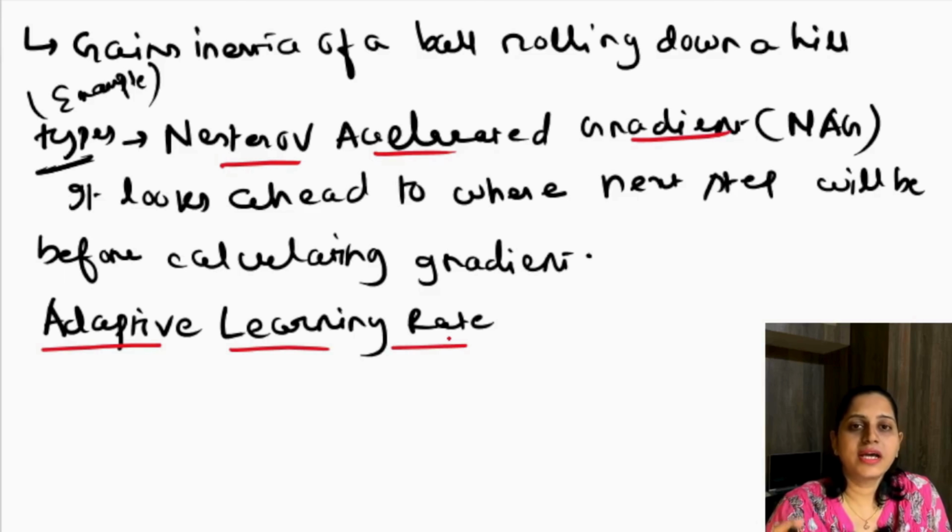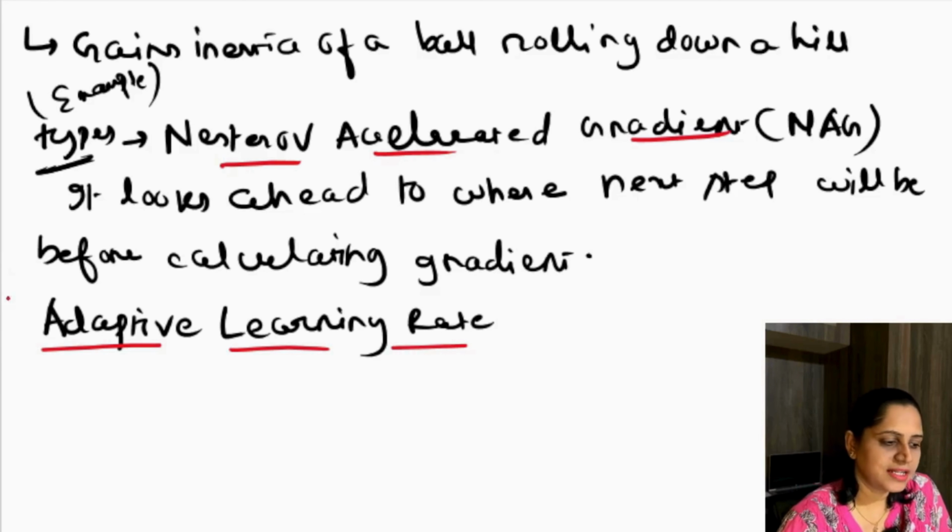If you are using a higher learning rate, it will take larger steps and overshoot the convergence. We do not want that. We want the learning rate to be dynamic, not static, and we are going to achieve that with our optimization techniques. So we have various optimization techniques to handle my learning rate.